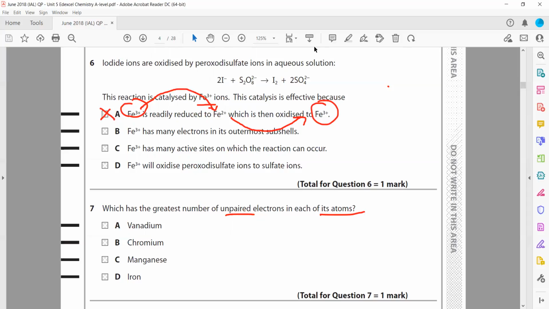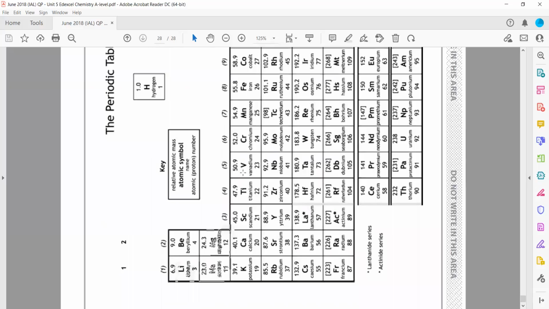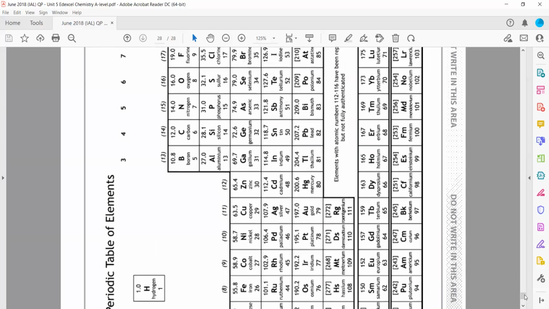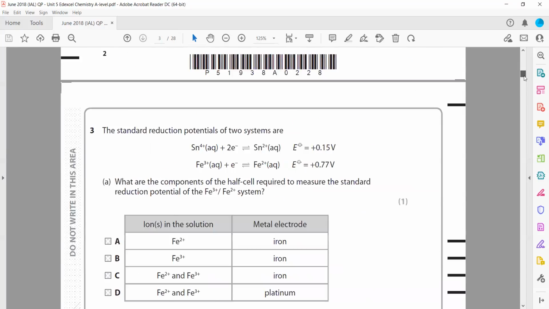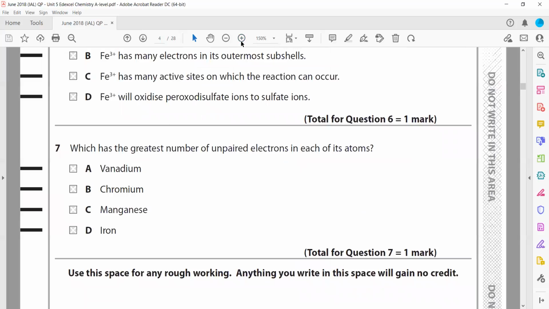For vanadium, we'll use the periodic table. Vanadium is 23, chromium 24, 25, 26. So they are in sequence.